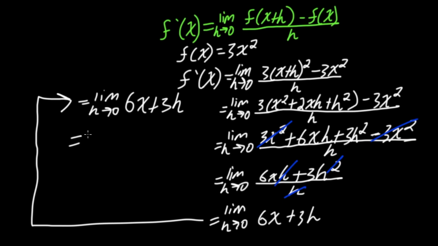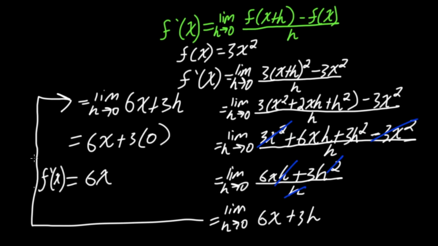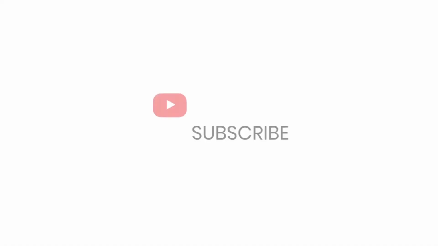So for this last line of working, you just have your 6x plus 3h and we substitute our 0 in for h. And that will give us 6x, and 3 times 0 is 0, so our final answer, our derivative, is 6x. And that's how you find the derivative using first principles.